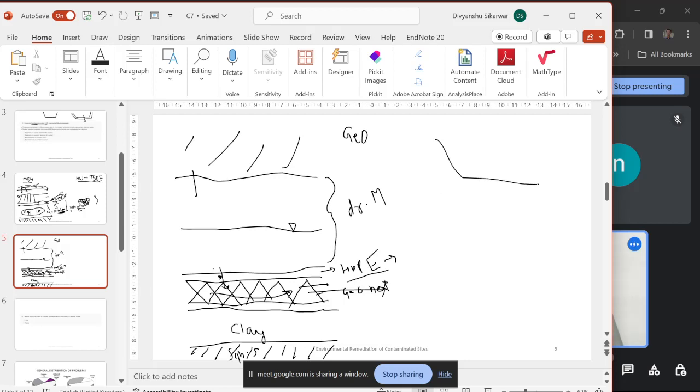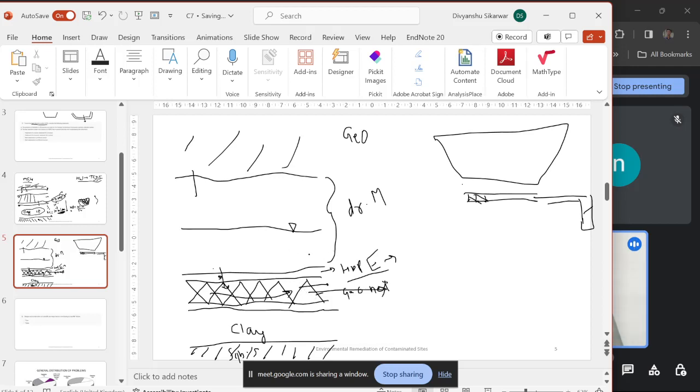And here it will come out of the landfill. For example, if this is the landfill, there's always some sort of slope provided in a landfill. So if this is the geonet layer, there will be pipes in between which carry that leachate outside into a well, which is connected to the geonet.